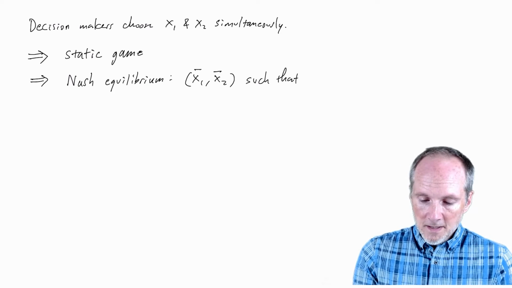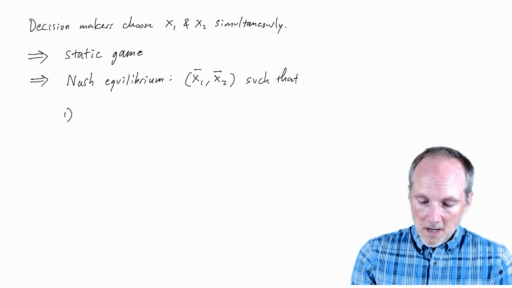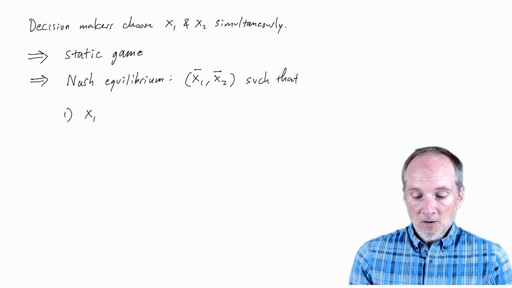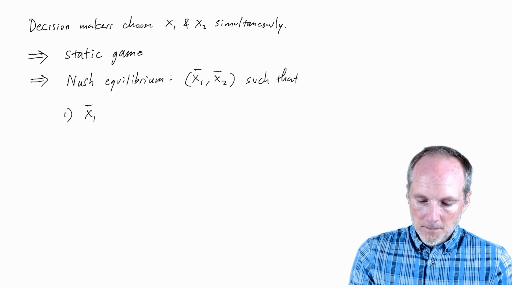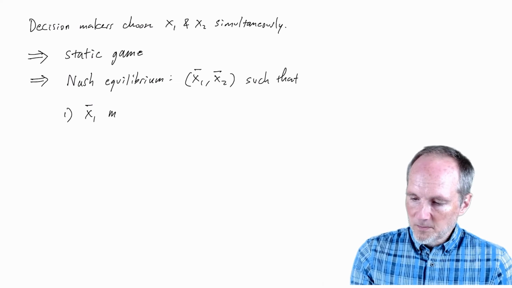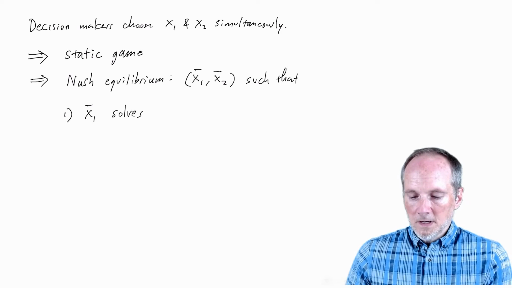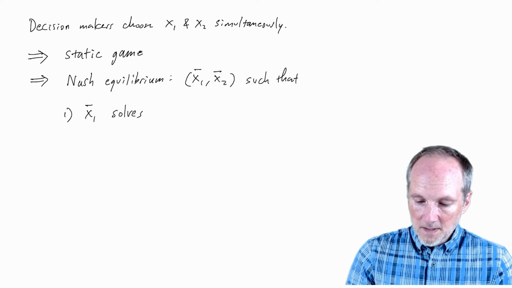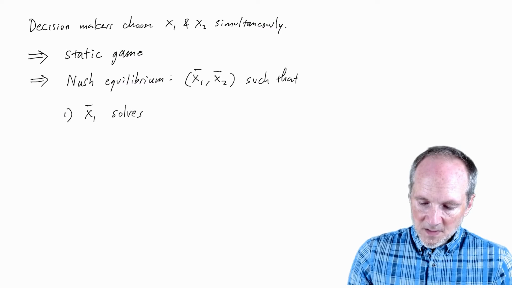So that means I'm going to write this in terms of two conditions. One is that decision maker 1 is choosing x1. Let me write it this way. Optimally, given the choice that decision maker 2 is choosing. So this activity level, this equilibrium level, solves the following maximization problem.